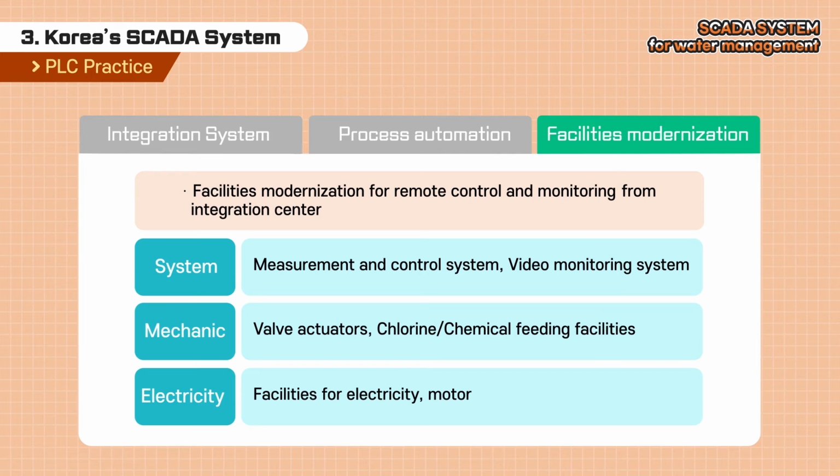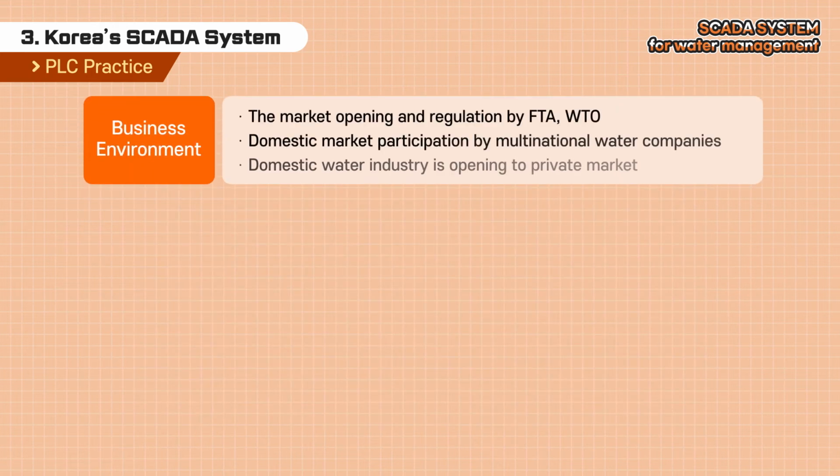category of electricity. The Integrated Operations System is essentially to actively respond to changes in the internal and external environment, such as open markets, regulations by international standardization organizations, fierce domestic, foreign competition, and private companies' entry into the domestic market.